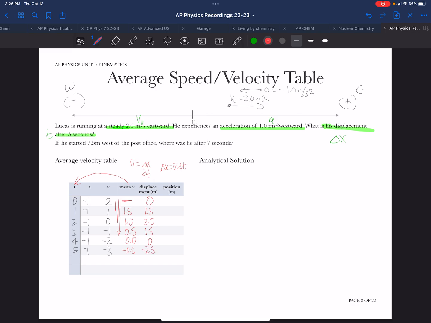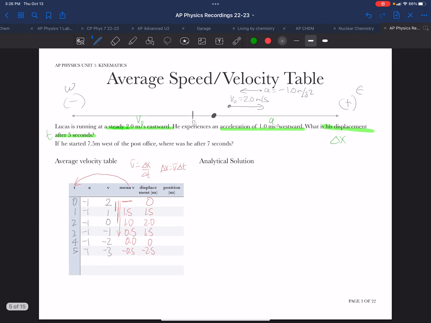So if we were to map this out from the starting point up above, let's make that the 0 point, his starting point at 0. In the first second, he's gone 1.5. In the next one, he's at 2. The next one, he's back at 1.5.